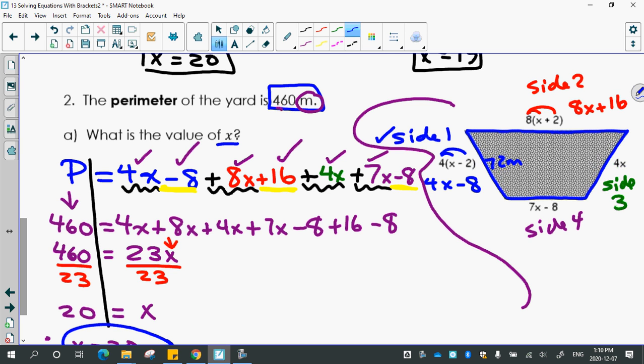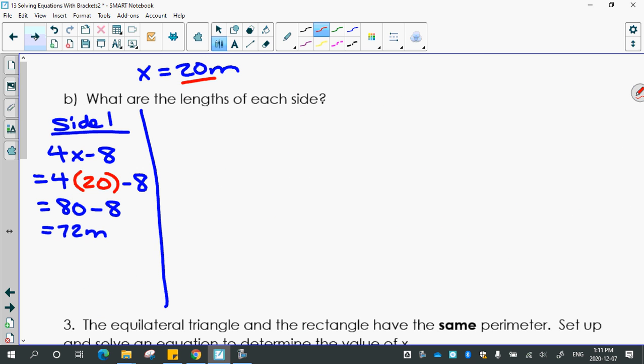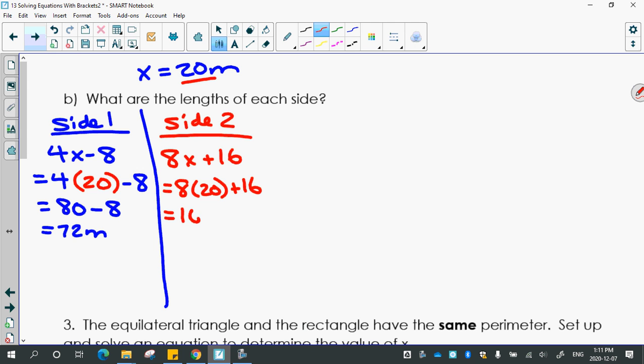Now I'm going on to my next side, side 2, which was 8x plus 16. So I'm coming over here, side 2, 8x plus 16. And I know that x is still 20. And then I know that a number right side of brackets multiply, so 8 times 20 is 160.